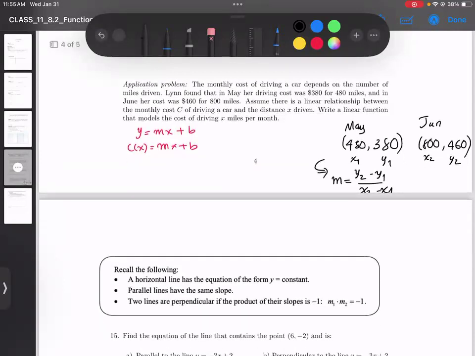So m equal y2 is 460, I have to use parentheses, y1 is 380, x2 is 800, x1 is 480. Get your calculator out.